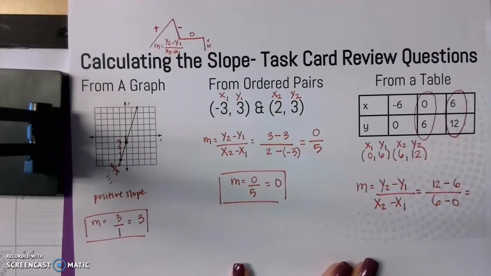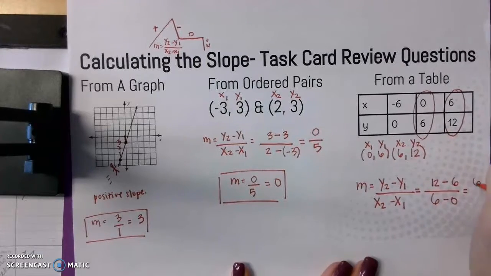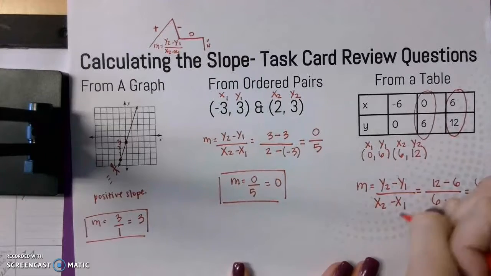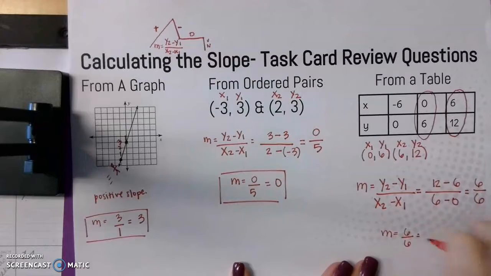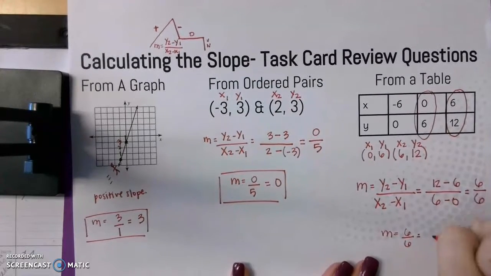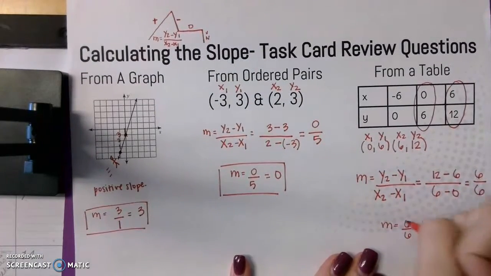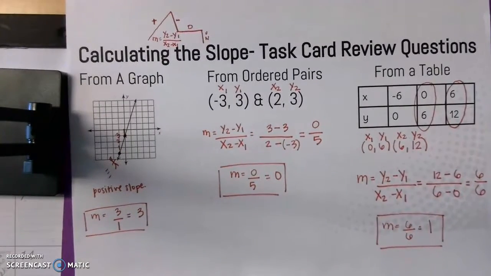Then I'm going to simplify. 12 minus 6 is 6. Oh, I'm sorry, 6 minus 0 is 6. So 6 over 6, that can be simplified. If you leave it as 6 over 6, I'm going to accept that for the beginning because we're learning, okay? But 6 over 6 is going to get simplified to a positive 1. And then that is my answer for finding it with a table.